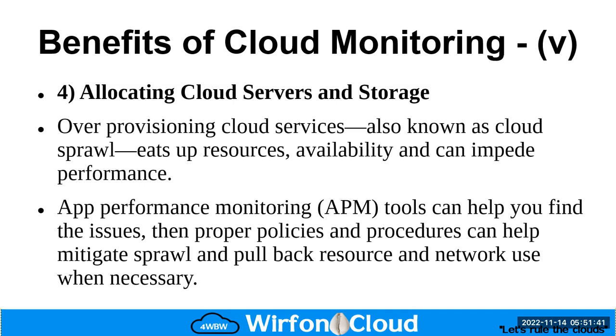disturbing the performance. Then the app performance monitoring tools can help you find the issues, and then the proper policies and procedures can help you mitigate sprawl and pull back resource and network use when necessary. So in this situation, you have tools that can help you reduce the over provisioning.